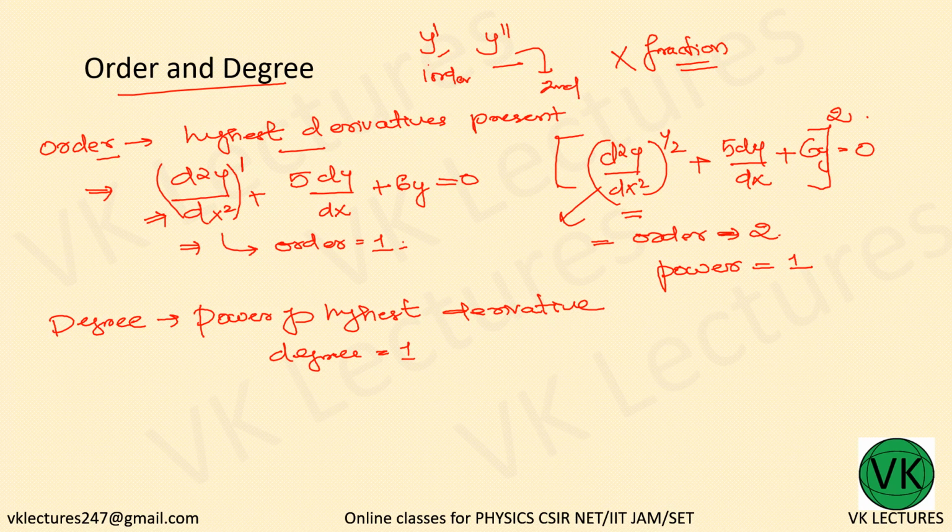For example, if it was 3 by 2, when we square it, it becomes 3, so the degree would become 3. As a note, it must be expressed in integral form.